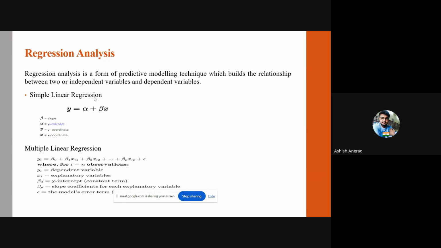For x2, it is beta 2. For xip, it is beta p. And finally e is the error term.